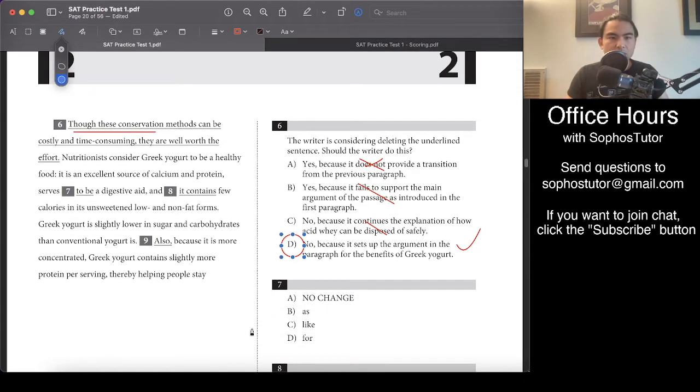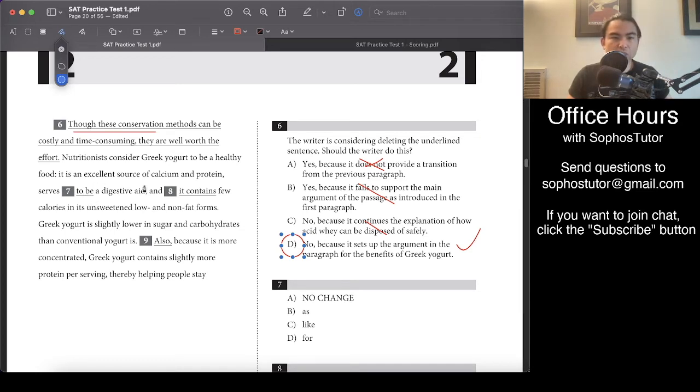All right, continuing. "Nutritionists consider Greek yogurt to be a healthy food. It is an excellent source of calcium and protein, serves to be a digestive aid, and it contains a few calories in its unsweetened low and non-fat forms." Okay, there's a lot going on here. Starting with number 7, we see the words "to be." Do I like the sound of that?